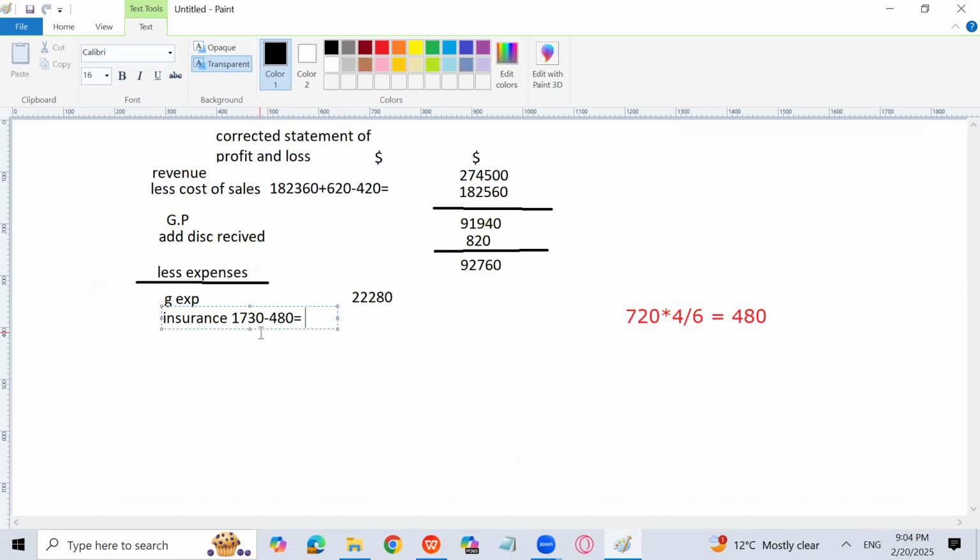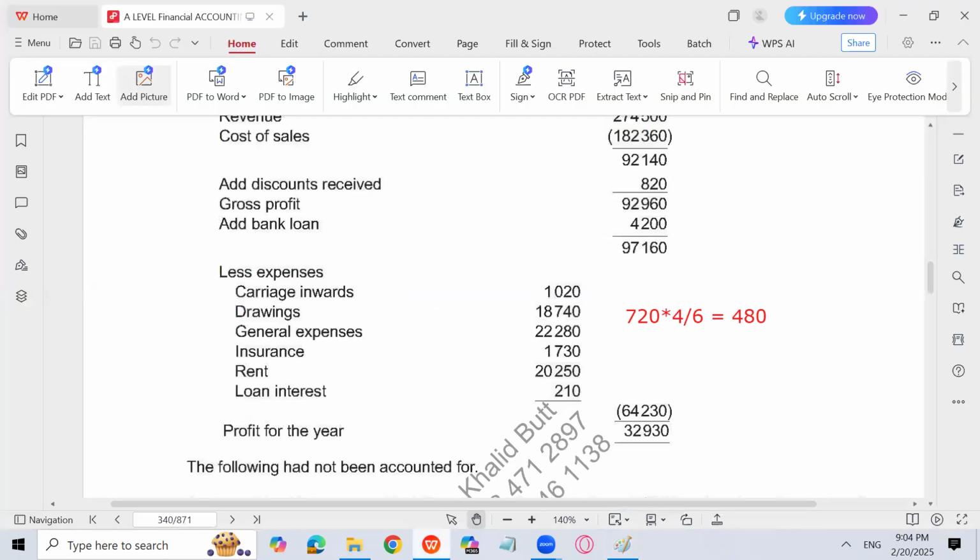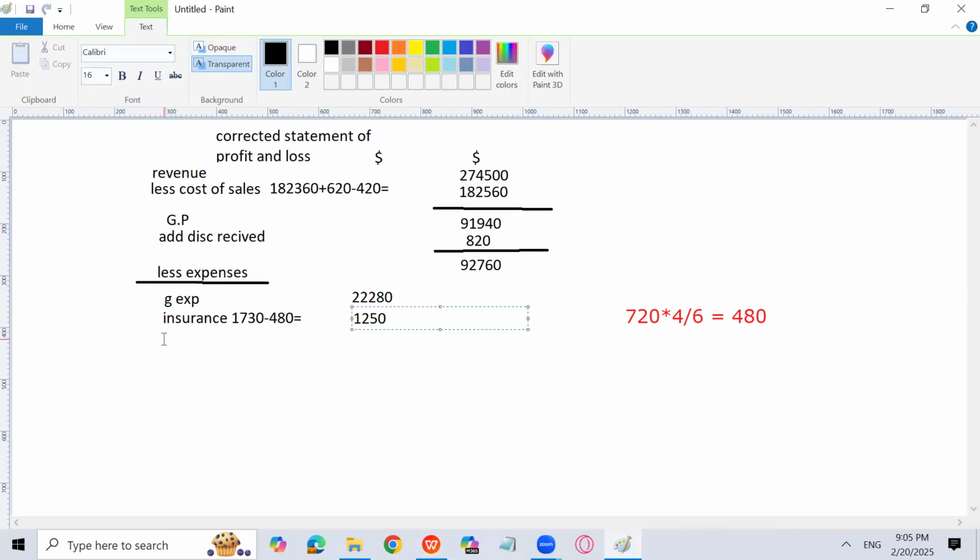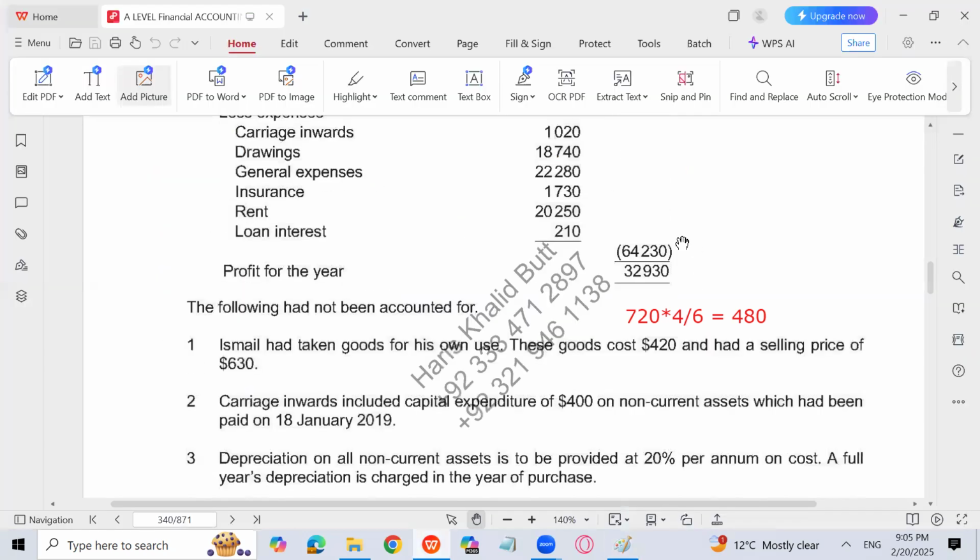That is 1,250, so I will write here 1,250. The next amount is rent, which is 20,250. I will write rent, and the amount for the expense is 20,250.